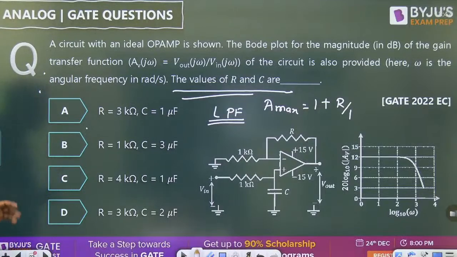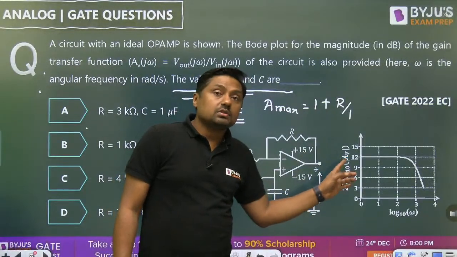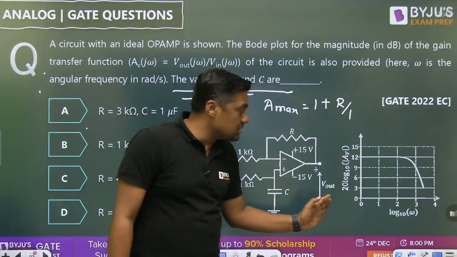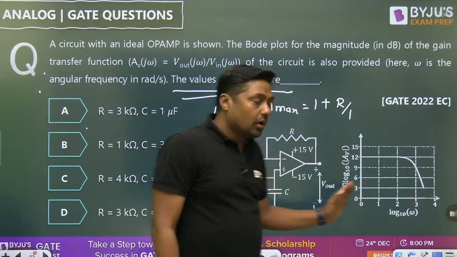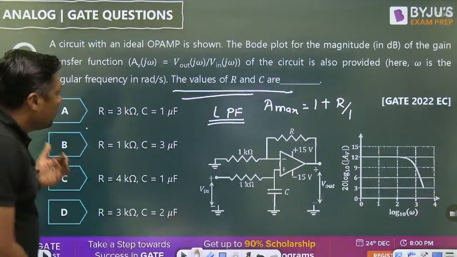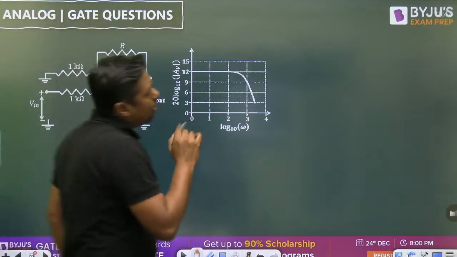That's why, remember one thing, it is given in dB, 20 log of 10. This scale is in dB, and this is in log omega. That is a Bode plot. Then for this standard circuit, what is the formula?